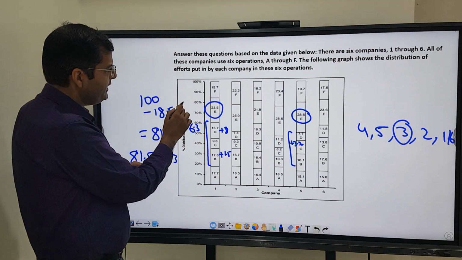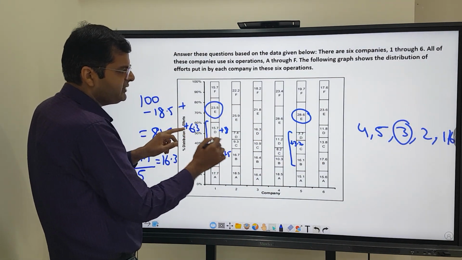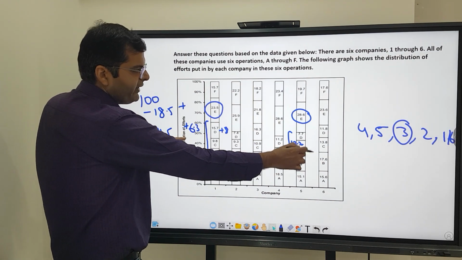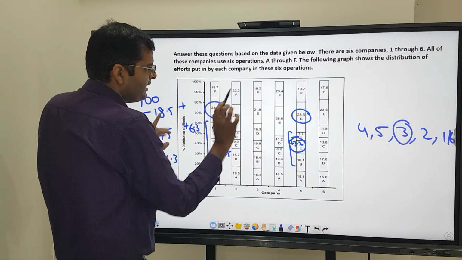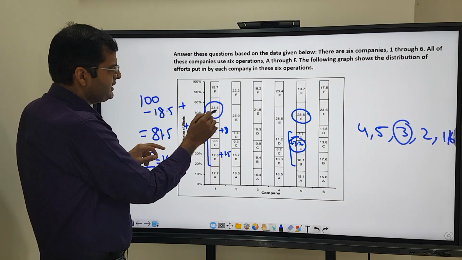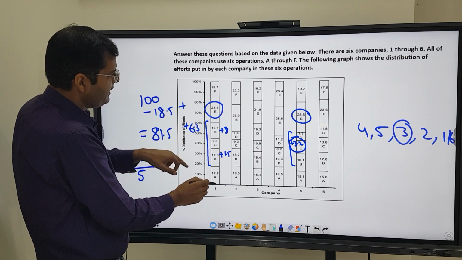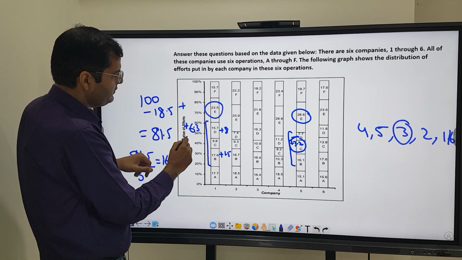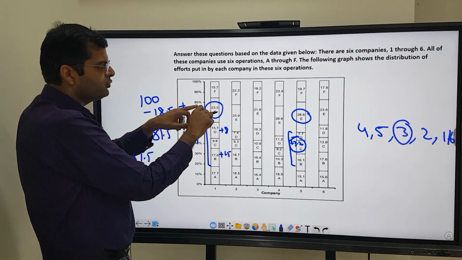If this E remains at 28.6, this E will become 23.5 plus, with 6.3 distributed among A, E and F, each of them getting 2.1. So it becomes 23.5 plus 2.1.